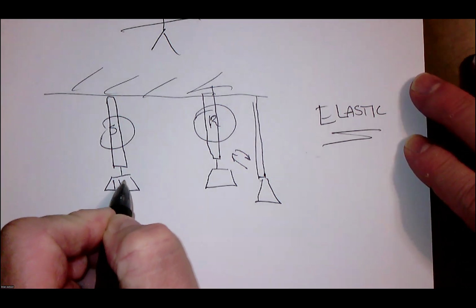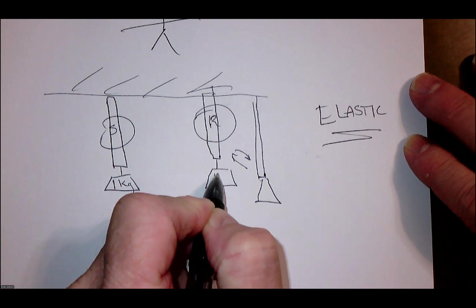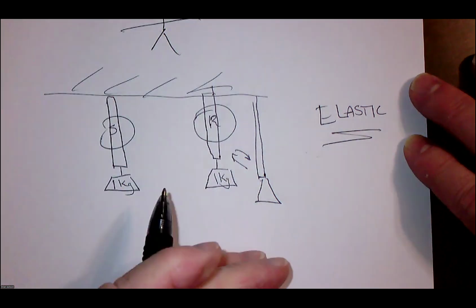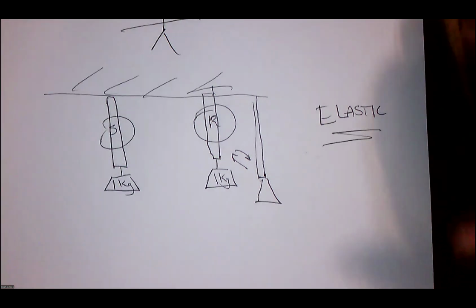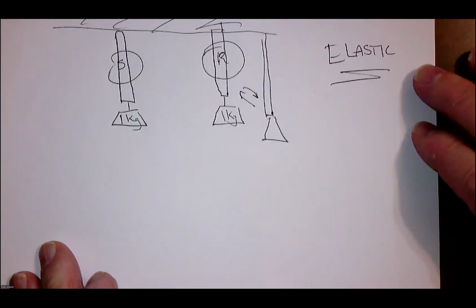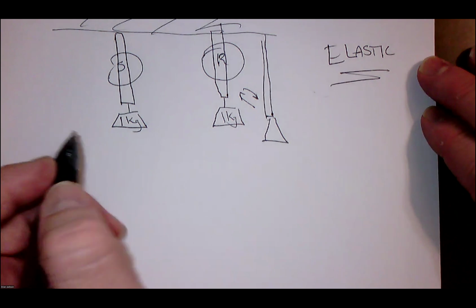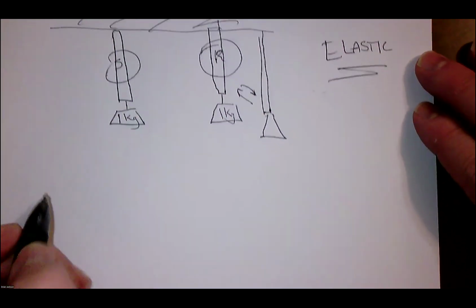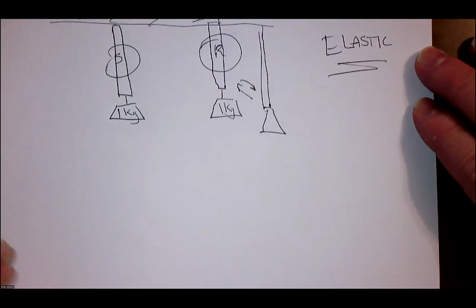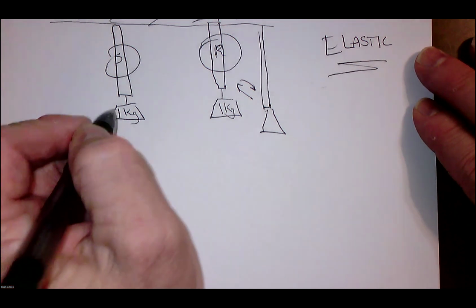So maybe this is a 1 kilogram mass you hang on the end. It's going to stretch the rubber more than the steel. We could apply the same concept in economics. We can look at how some quantities respond to a change in an applied force.